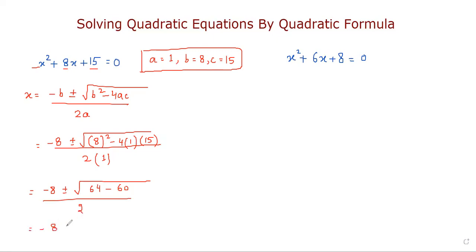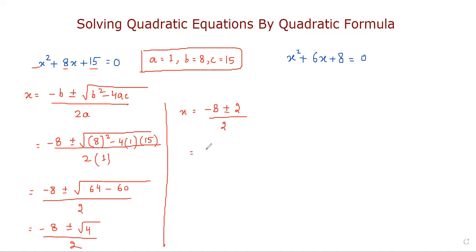Simplifying further, minus 8 plus minus square root of 64 minus 60 is 4 over 2. Hence, x is equal to minus 8 plus and minus square root of 4, which is 2, because 2 times 2 is 4.